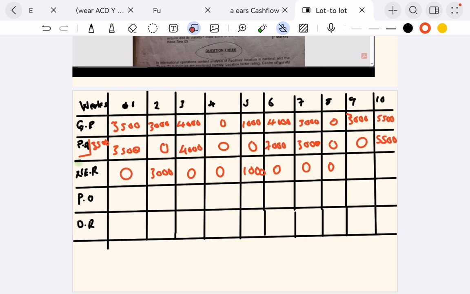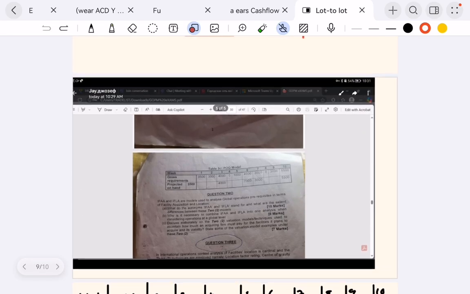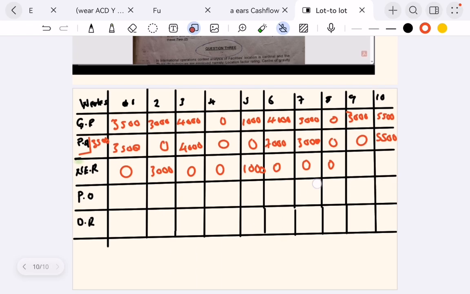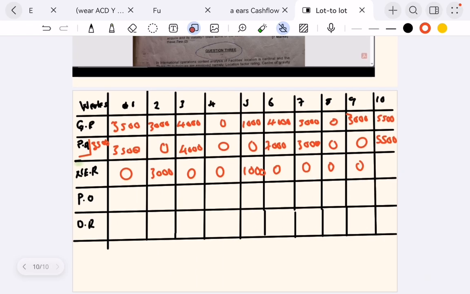On the 9th we have 3,000. Here on the 10th we have 0. What we needed is what we have gotten there.